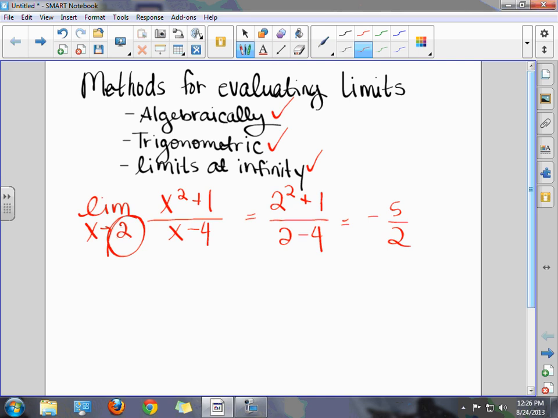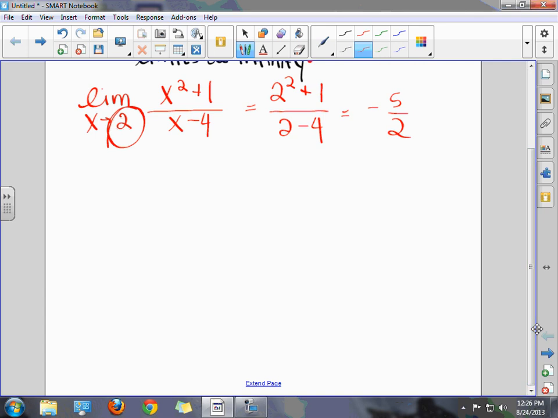So probably one of the first tricks that you'll use when you're dealing with polynomials is just going to be factoring. So let's look at this. So we want to evaluate it at 5.